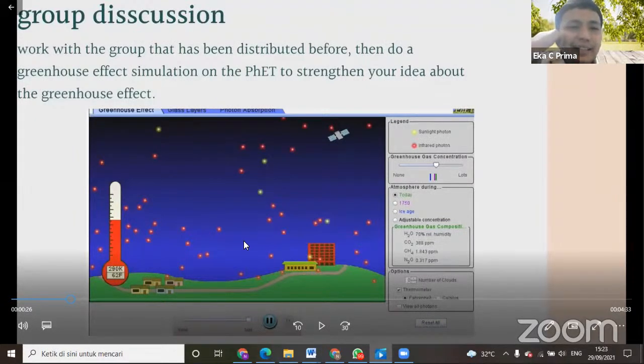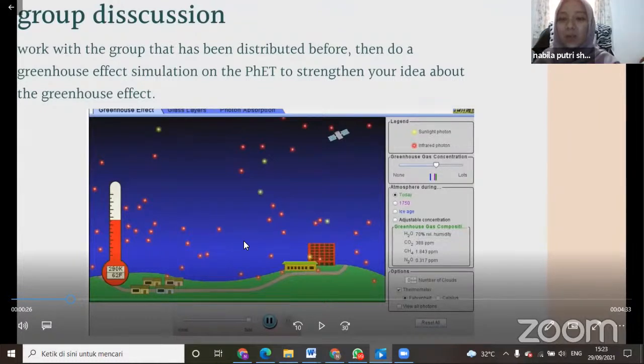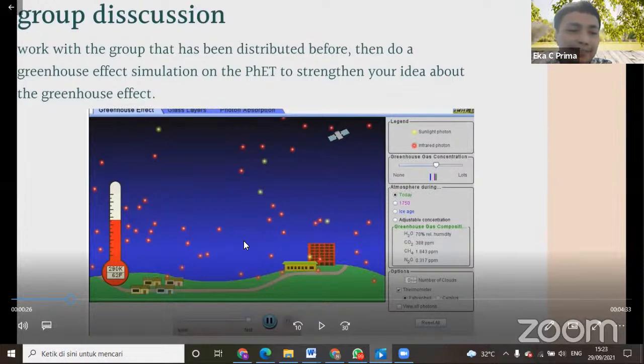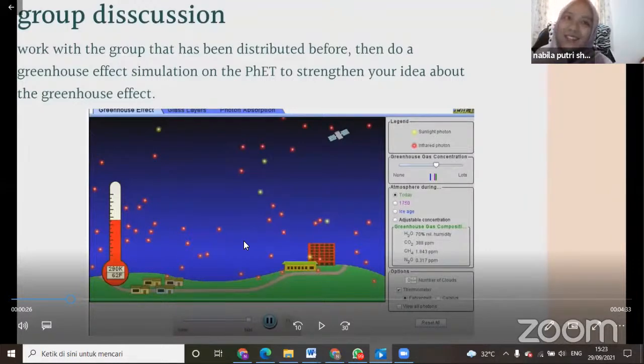Is it thick or thin? All right. So the ozone layer nowadays is a thin layer. Where does the ozone layer take place? In the layer.